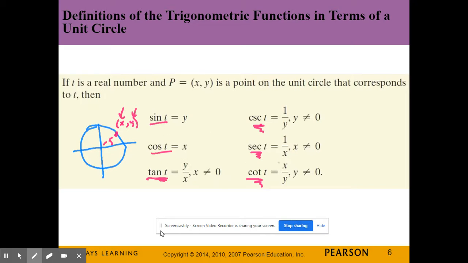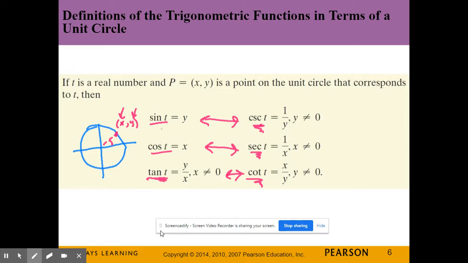The reason why these are listed in this way is because you want to pair them up in your mind. Sine goes with cosecant because cosecant is the reciprocal of sine. Secant is the reciprocal of cosine. So that's a pair. Tangent and cotangent, that's a pair. It's probably pretty easy to remember that tangent and cotangent go together, right? The hard one is remembering which of the secant or cosecant goes with the sine or the cosine.